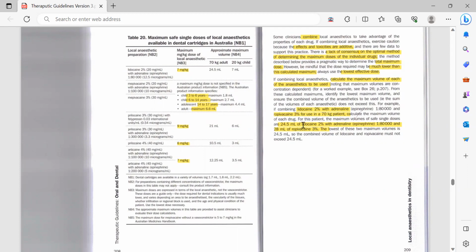Here they have given the example: the maximum volumes of safe single doses are 24.5 ml for lidocaine, and for ropivacaine it's 28 ml. So always inject the lowest of these two, which is 24.5 ml. The combined volume of lidocaine and ropivacaine must not exceed 24.5 ml.